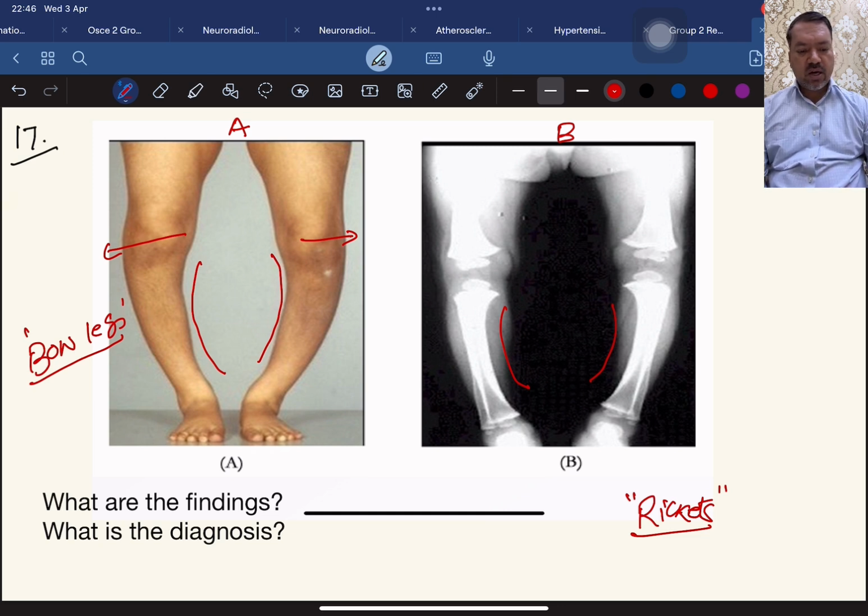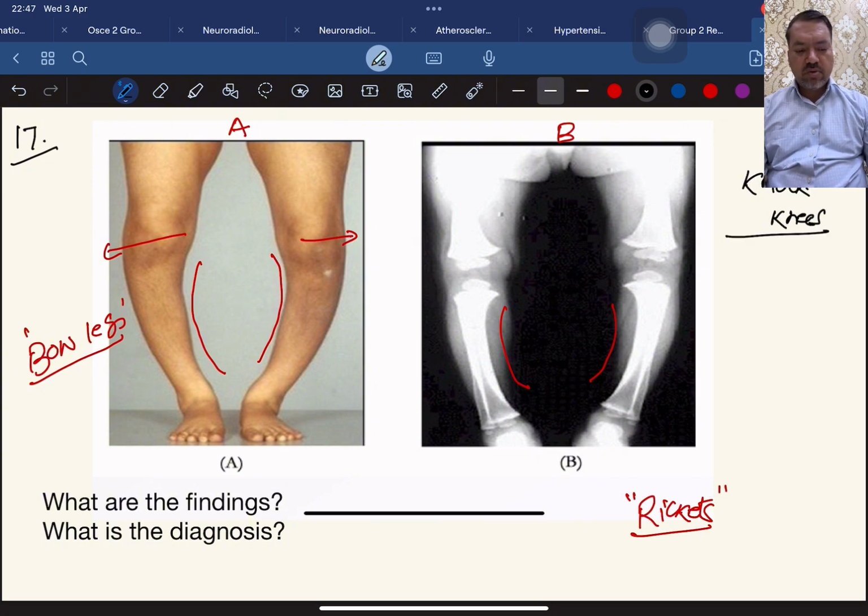Now, another related point here, dear student, listen carefully. If the knees come closer to each other and legs go away from each other, then we call it knock knees. Knock knees means the knees are coming closer to each other.